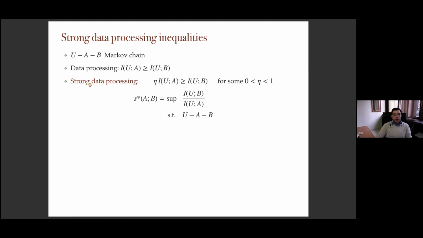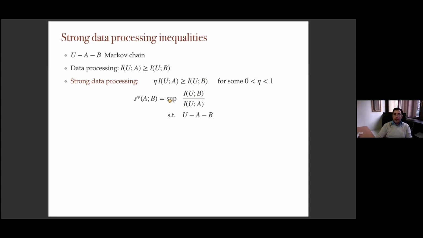But now I'm interested in strong data processing inequalities, meaning that I'm looking for some constant eta that is strictly less than 1, such that if I shrink the mutual information between U and A by this constant eta, I still have an upper bound on the mutual information between U and B. By definition, the best eta, which here I denoted by S star, is the supremum of the ratio of I(U;B) over I(U;A). That would be the best eta for which this inequality holds.